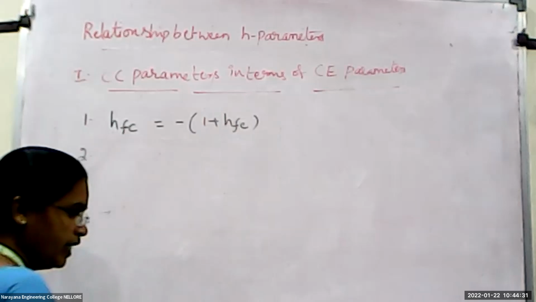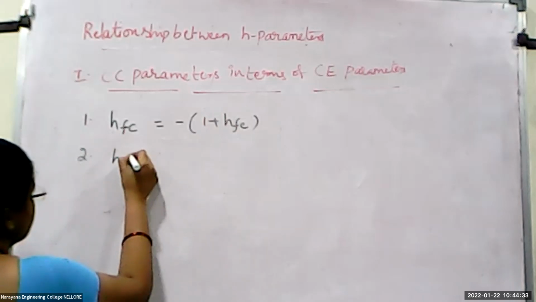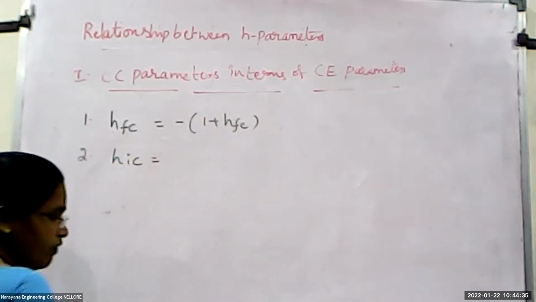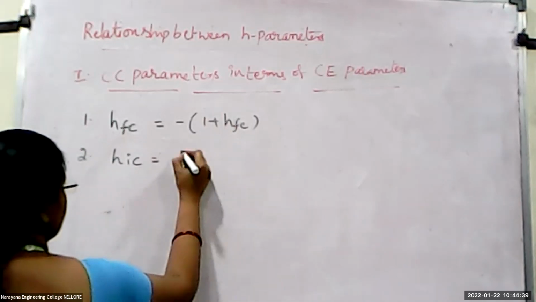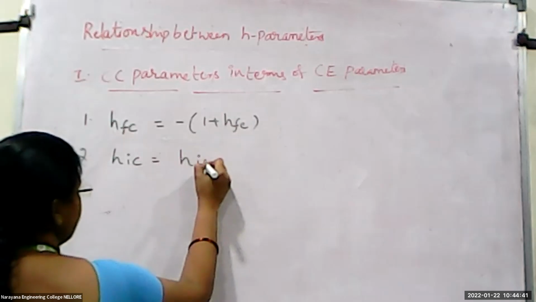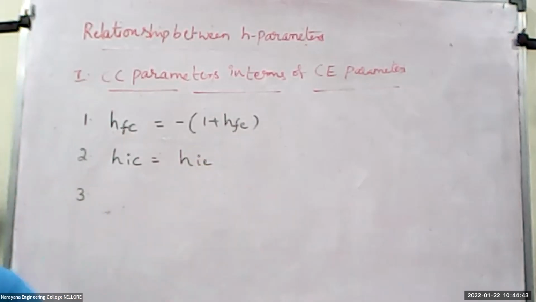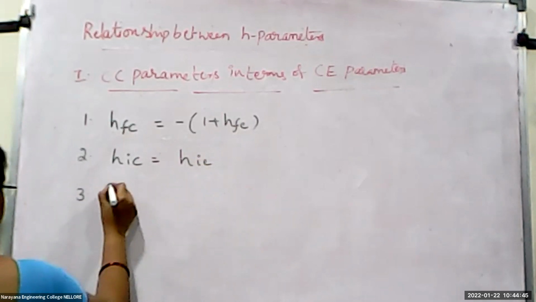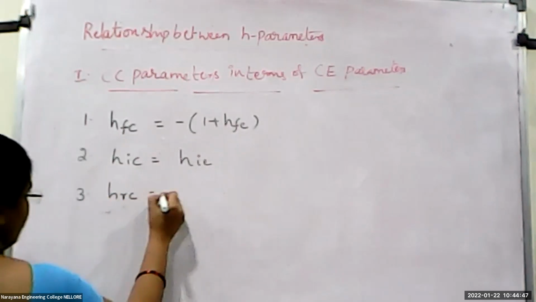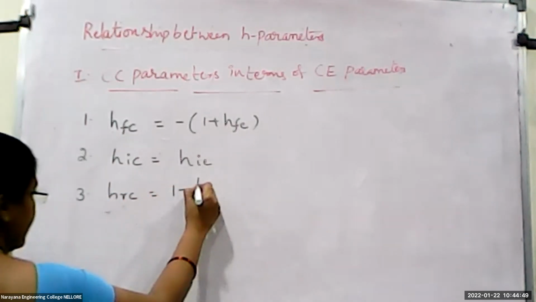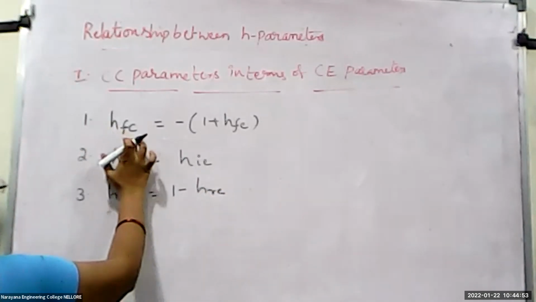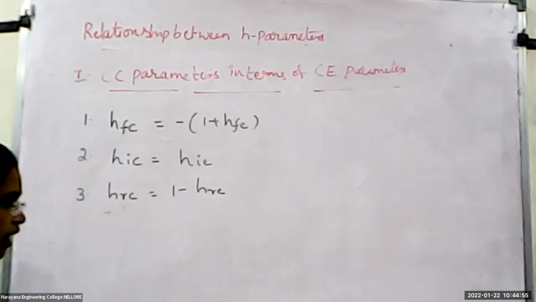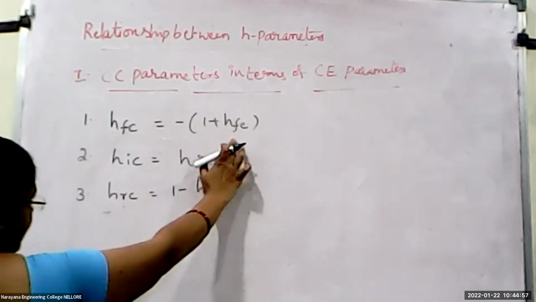Second is HIC, which is equal to HIE. Third parameter, HRC, is 1 minus HRE. You are writing CC parameters in terms of CE. Already you derived the CE parameters.